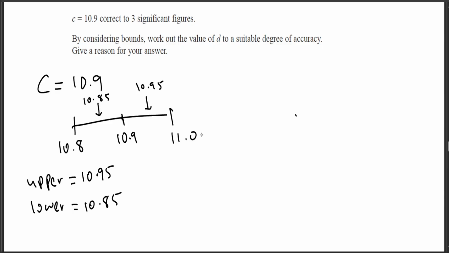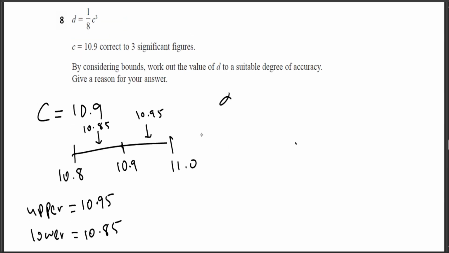So let's search for now the upper for d. d upper is when you take 1/8 times the upper for c, which is 10.95 cubed. So 10.95 cubed times 1/8. 1/8 is just a constant, so it gives you 164.1165469.